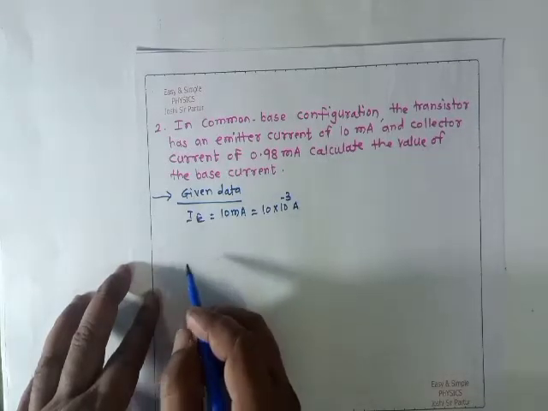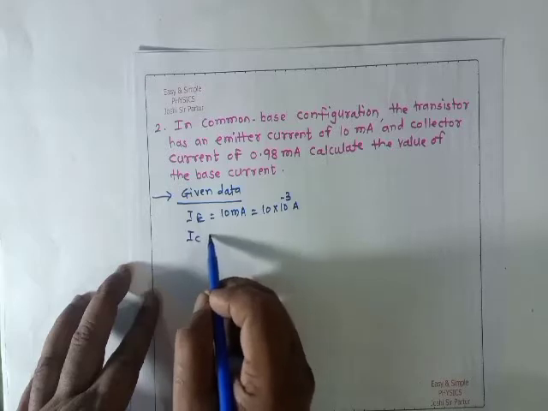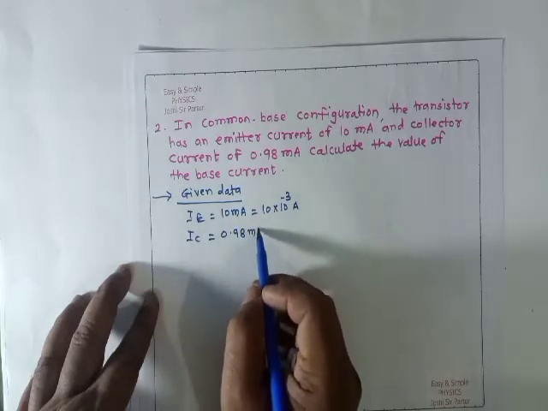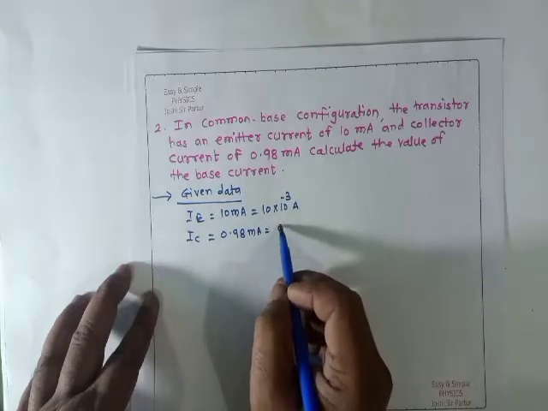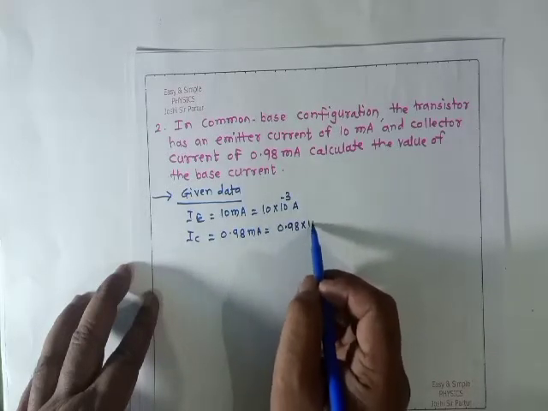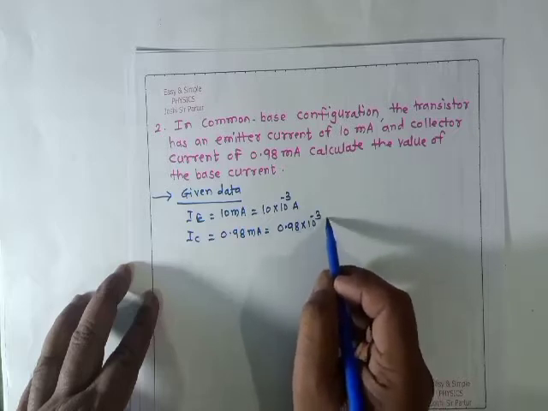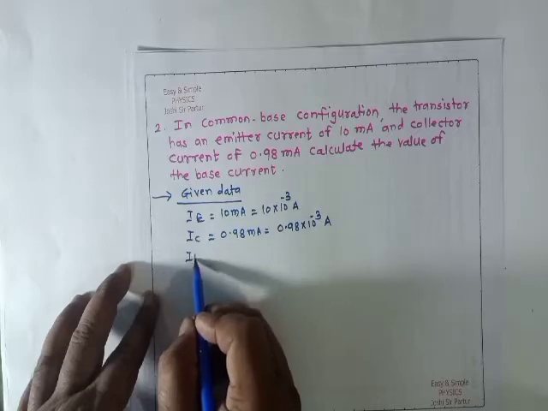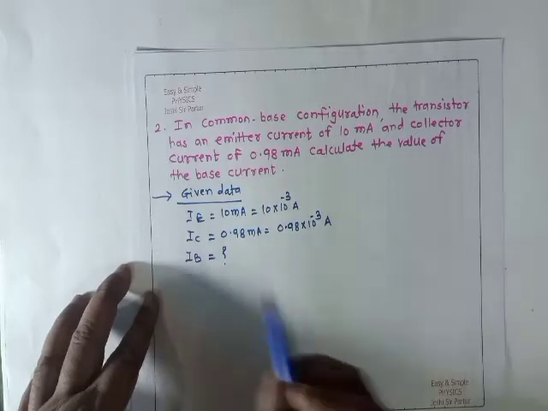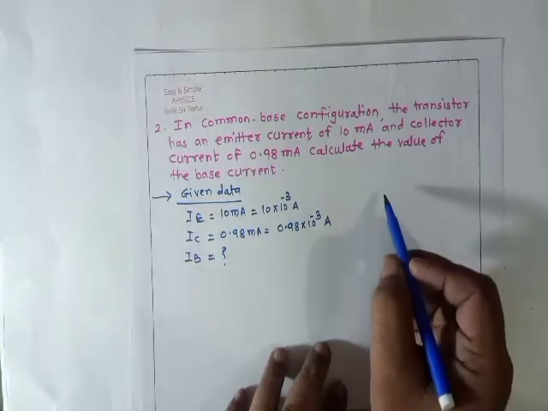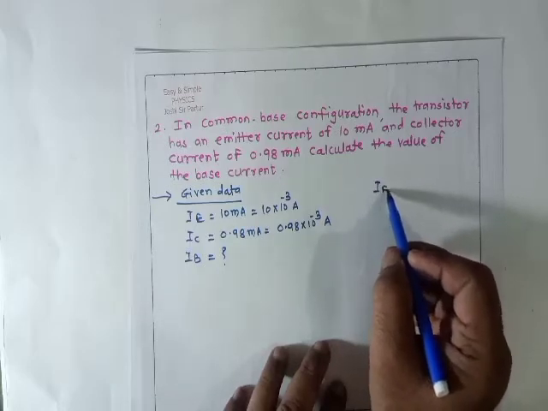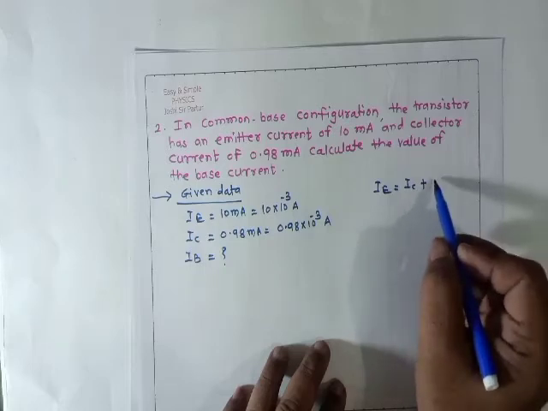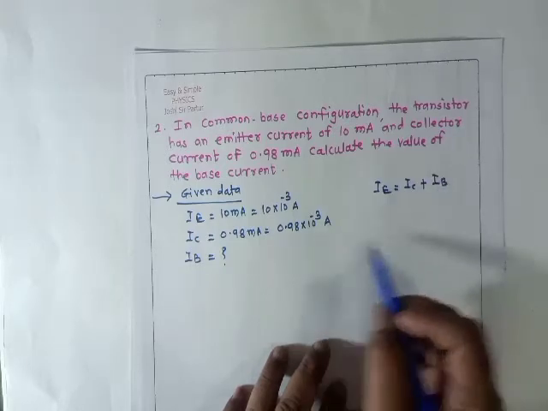And collector current is 0.98 milliampere, that is 0.98 into 10 raised to minus 3 ampere. And we want to find the base current. So here we can use the formula: emitter current is the sum of collector current and base current.